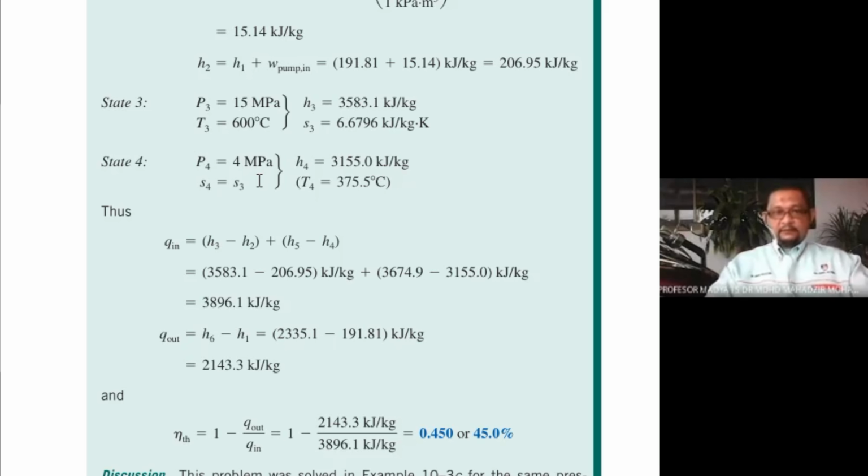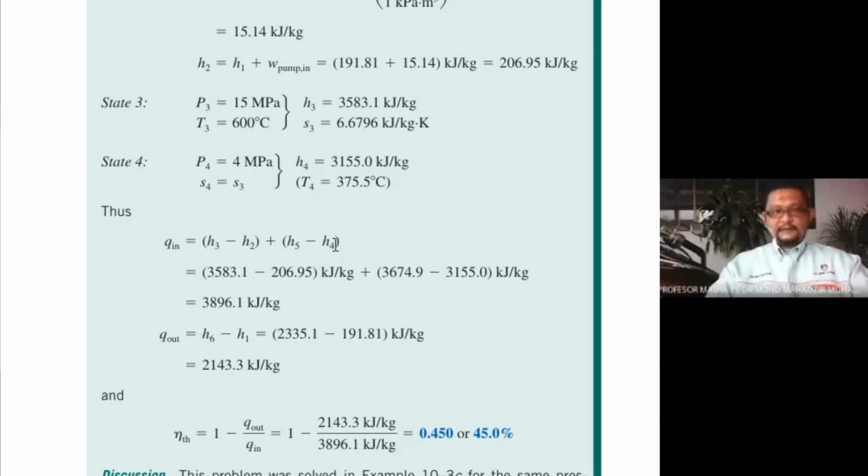Okay, step number 4 we have also covered, found in part A, to know the efficiency percentage. So you also have to find Q in and Q out. Okay, Q in has two processes.